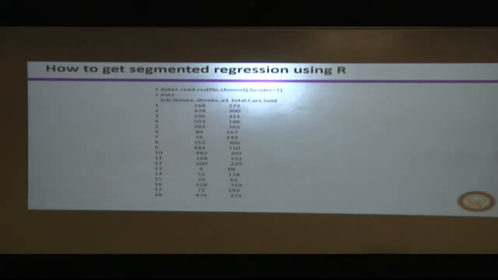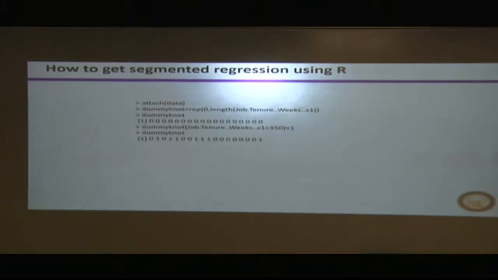This is how I get the segmented regression using R. First, I read the CSV data. This is job tenure, that is how many weeks a salesperson has been working here, and the total cars that have been sold.